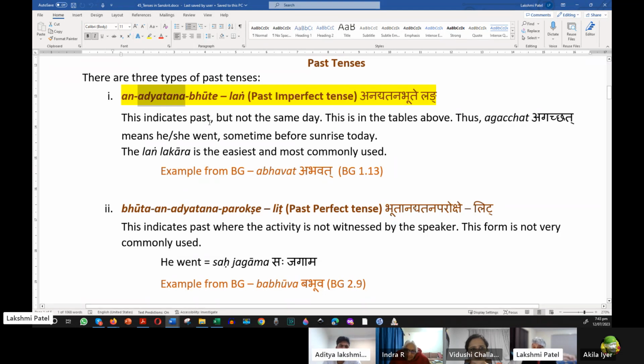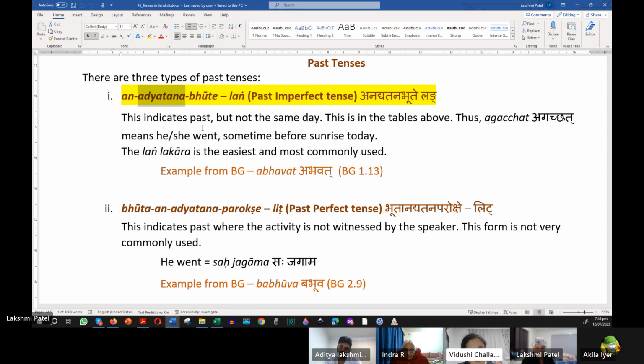Adyatana yuvaha shvastana praudhaha. Yes, Vidushi? Nowadays? Nowadays, yes. Or what did you say? Now. Okay. The time around now.